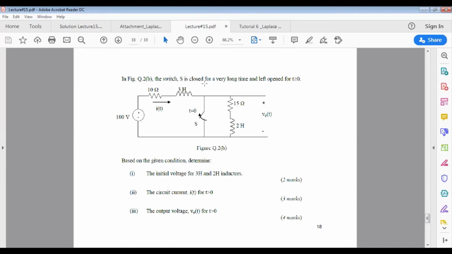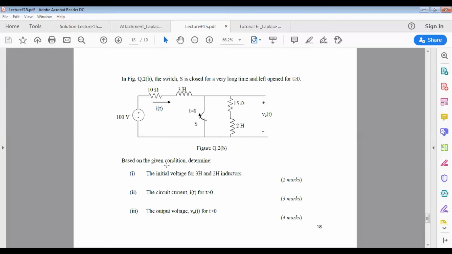Given that the switch S is closed for a very long time and left open for t bigger than 0, which means that initially, when t is less than 0, the circuit is closed. So the circuit is open when t equals 0.